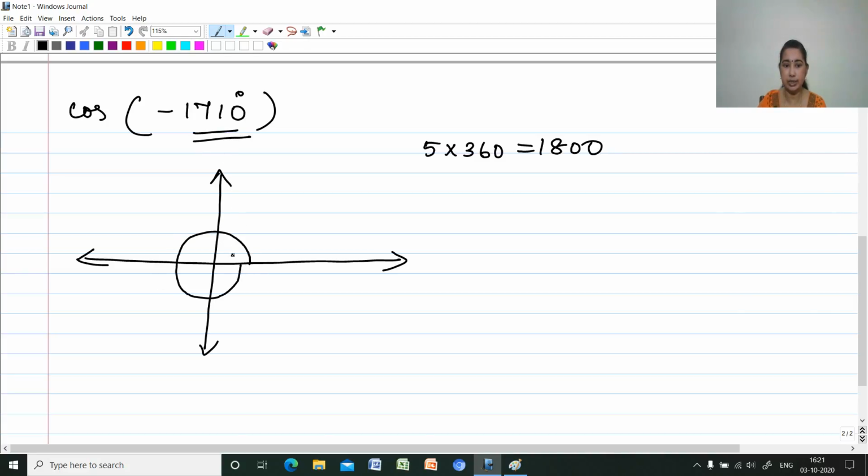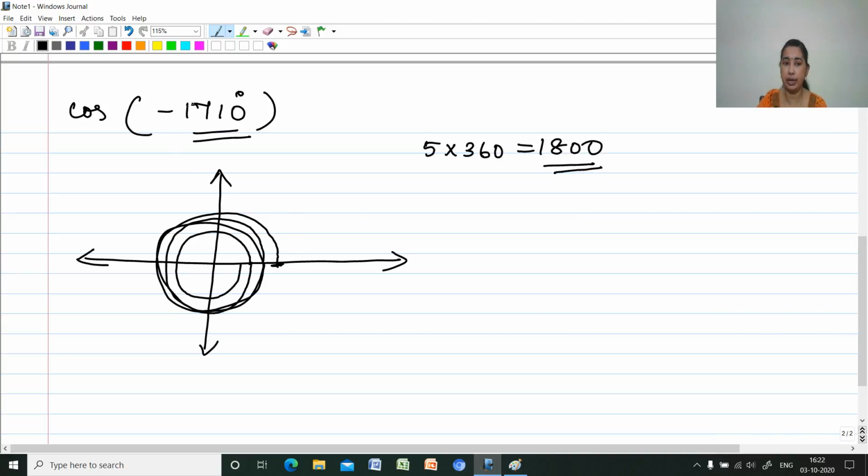So here once I have completed one revolution, again you have to complete one more. Like that, if I am completing 5 times, it will reach like this. 5 times I have reached here. So it hasn't completed the full 5 revolutions, because 5 revolutions means 1800.